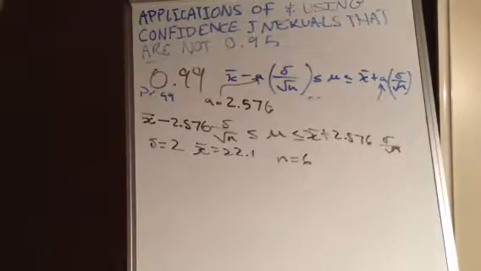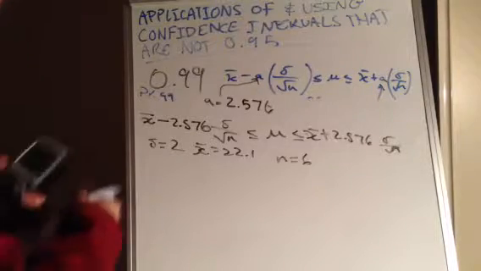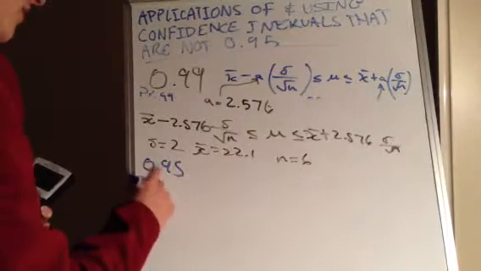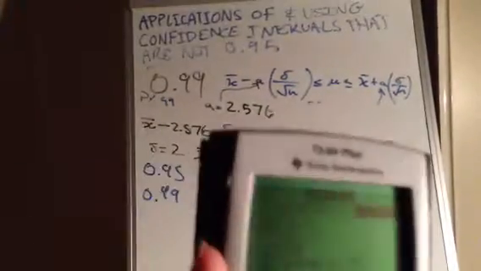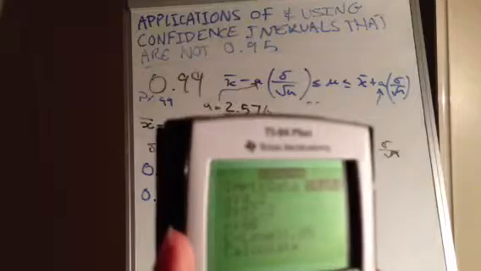We can use our calculator to find this confidence interval, and we go to stat, tests, and then z interval, which is the 7th one down there. And when we do that, we type in those values as I've got up on the board there. And because I'm doing it on my calculator, I can quickly show you the difference between the 0.95 confidence interval and the 0.99. We go to stats again.